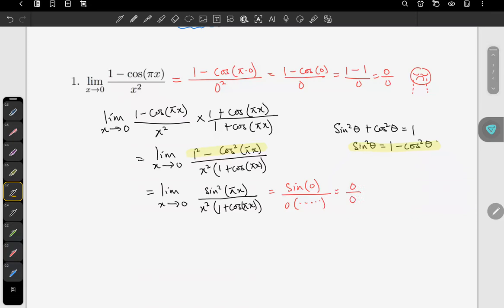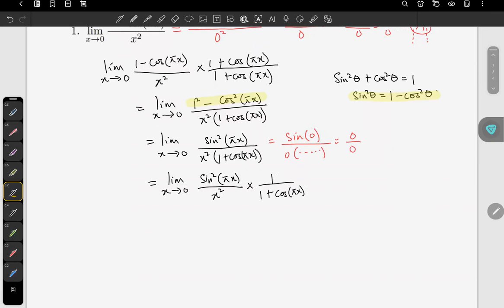However, it is not hard to see that this is the same thing as the limit as x tends to 0 of sine squared of pi x over x squared times 1 over 1 plus cos pi x.